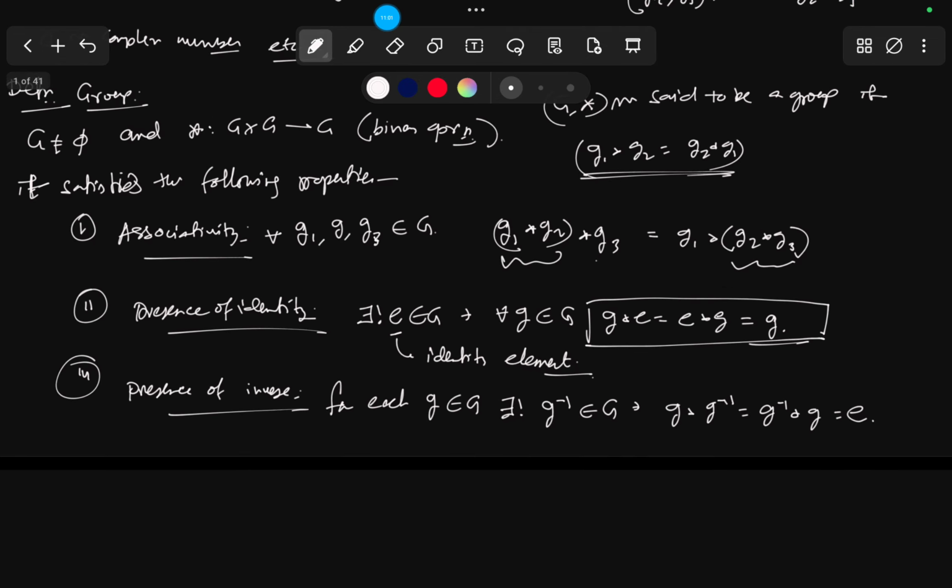Note that the identity element, this small e, is the same for all g's, so it doesn't depend on the choice of g we are considering from the group. But inverse may change based on the choice of your element from G. This g inverse is unique for each small g, but e, the identity element, is unique for all the g's.